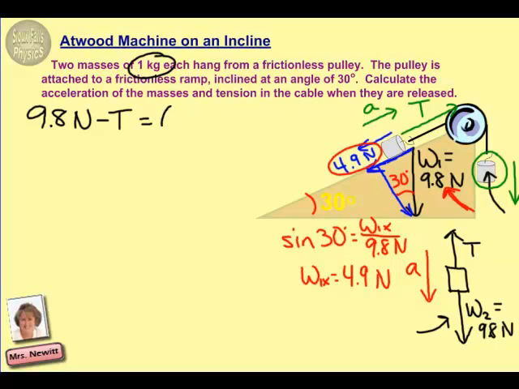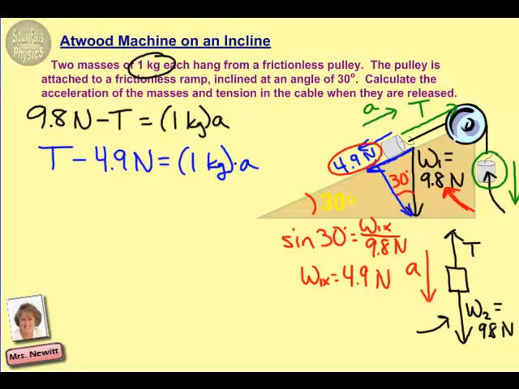And in this case, the mass is simply 1. And so that's our first equation. For our second equation, the tension, again, pulling up the ramp, is larger. So we would say tension minus, now be careful, don't put in the full weight, but again, just put the component of weight that is acting opposite, which is 4.9 newtons. That is equal to the mass times the acceleration, and again, its mass is equal to 1.